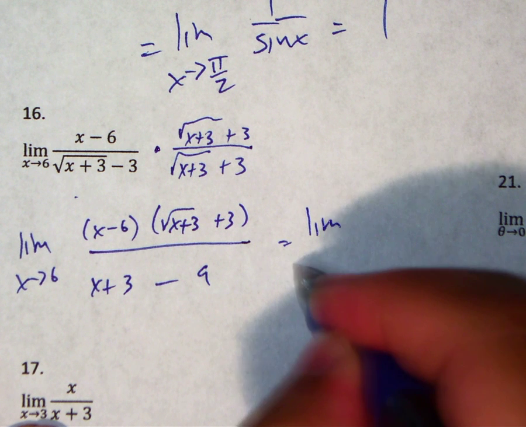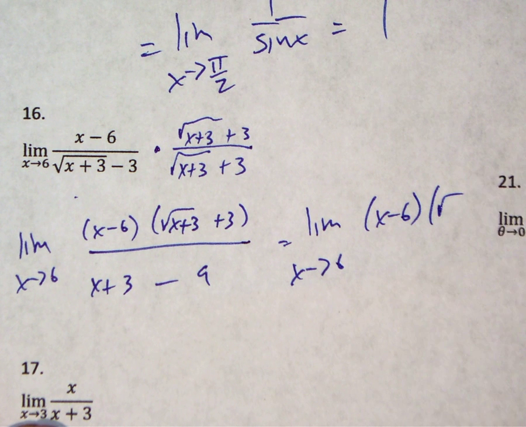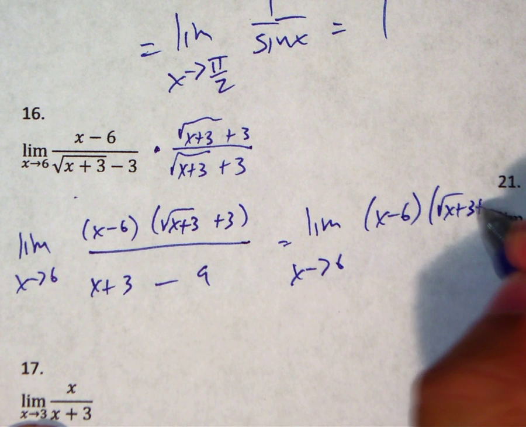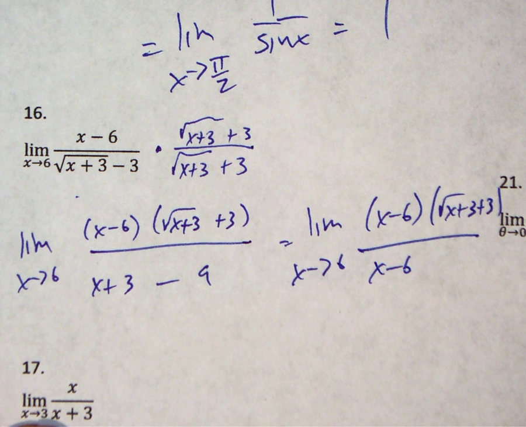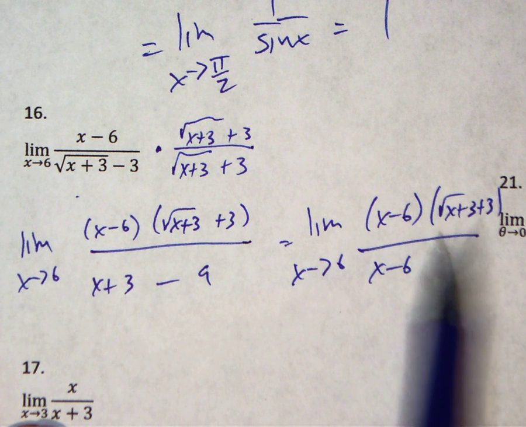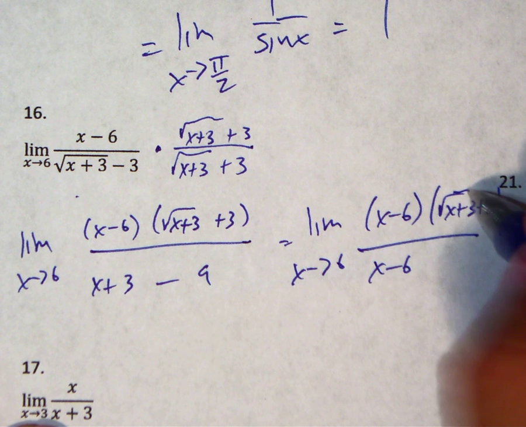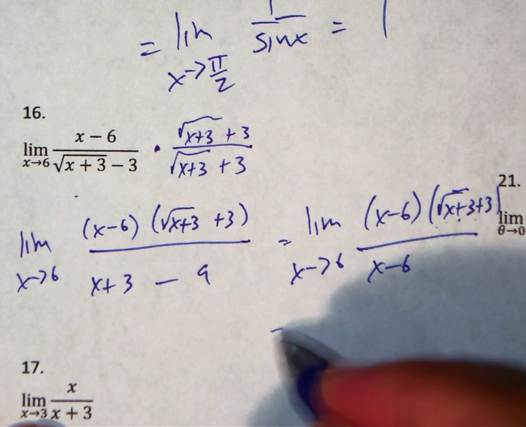So I get x minus 6. Oop, I'm running out of space. Over x minus 6. So the x minuses cancel or reduce. So I can plug in 6 into this expression. That's going to give me 6 plus 3 is 9. Square root of 9 is 3. 3 plus 3 is 6.